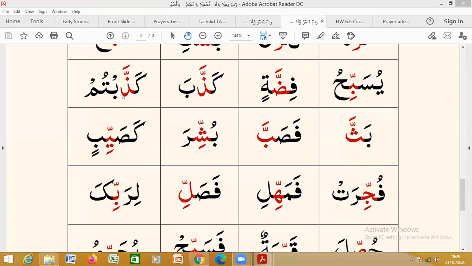Kadhabtum. Okay, well done. Okay, so remember, whenever we have a mushaddad letter, can you tell me what a mushaddad letter is? Can you point out which is the mushaddad letter in this example over here?